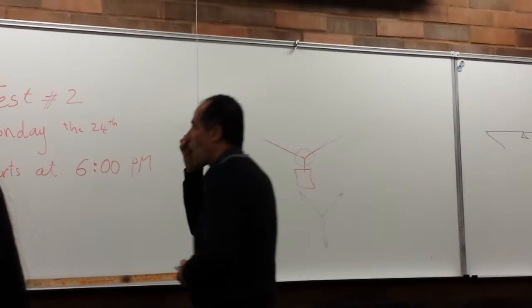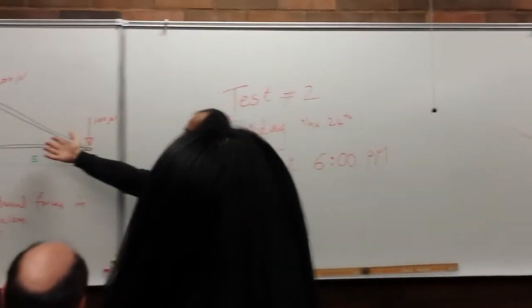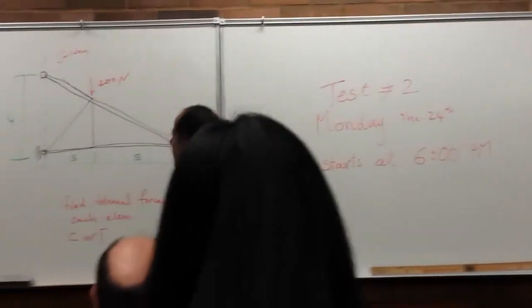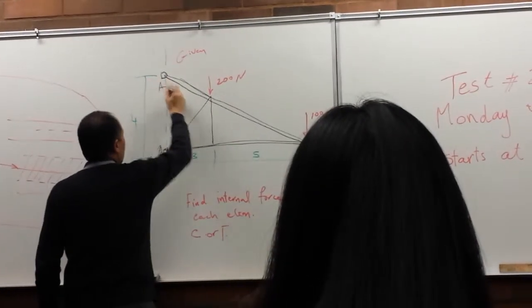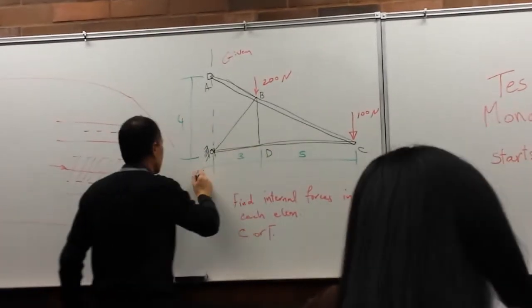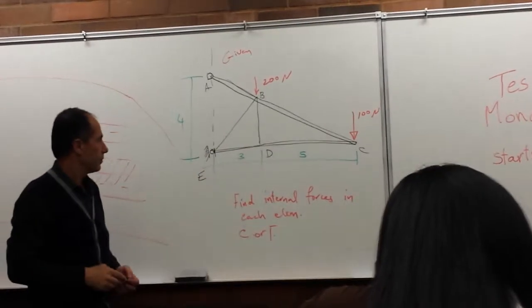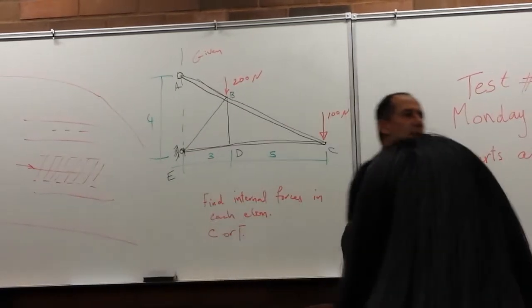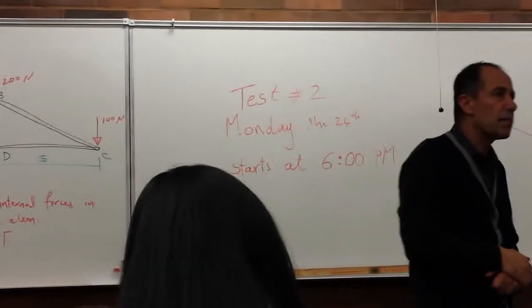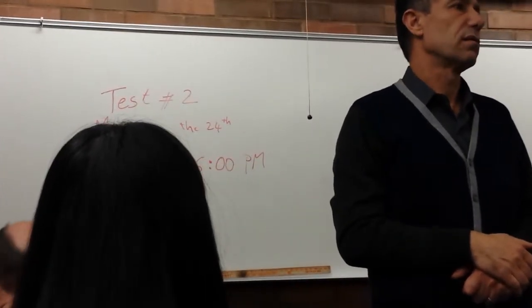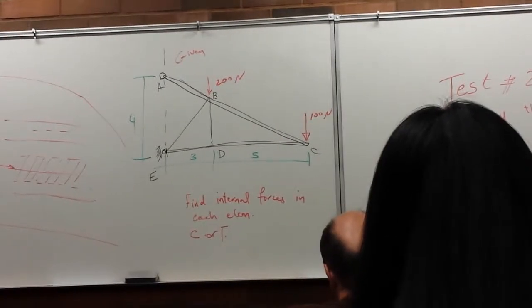Okay? So, this is a simple truss. Let's call it A, B, C, D, E. Sometimes we don't need to calculate the reactions. Sometimes we should start by calculating the reactions.